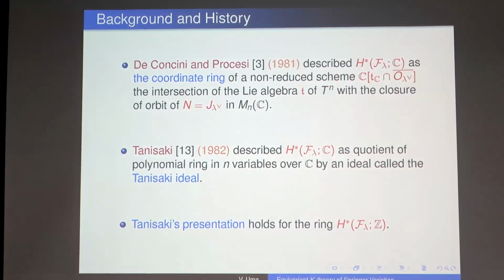And whatever Tanisaki described with complex coefficients, the results follow also for cohomology of the Springer variety with integral coefficients, which we can describe with the same ideal, because the ideal contains only integral coefficients. So the same description holds for the integral cohomology ring of the Springer variety.